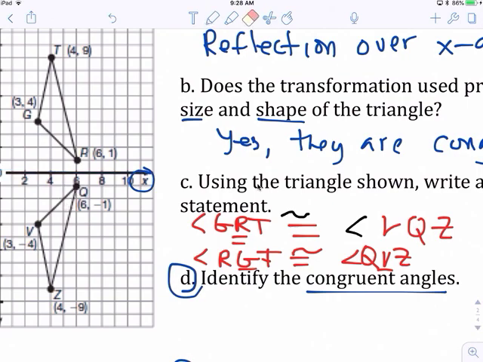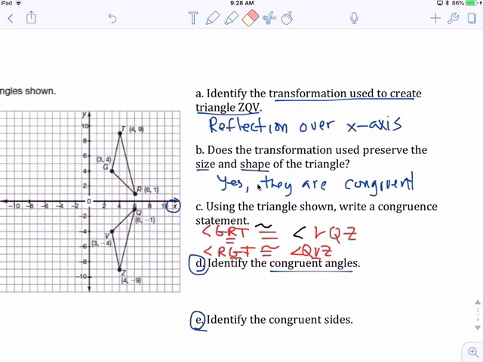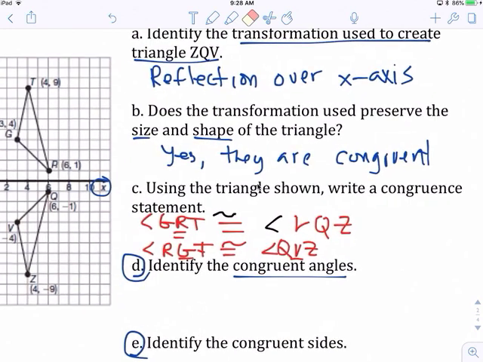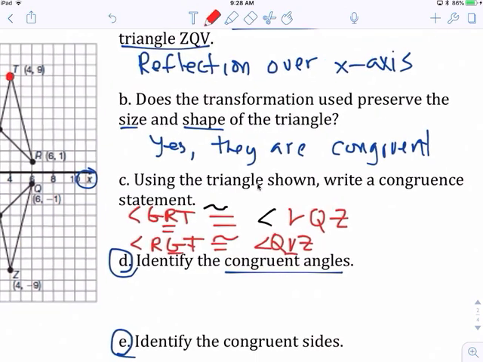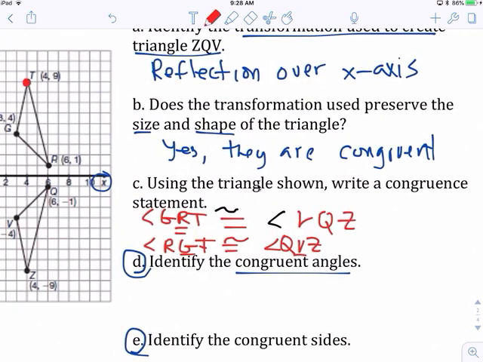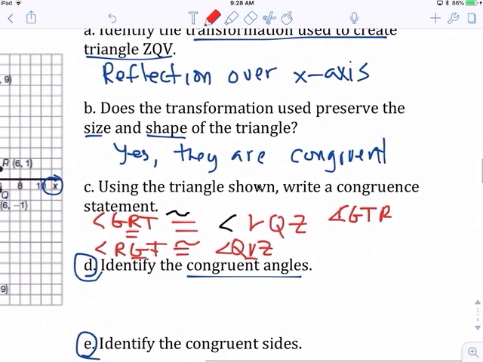And then the last one is angle T. T is going to be in the middle, so be careful which one you start with. We'll start with G, angle G, T, R is congruent to angle.